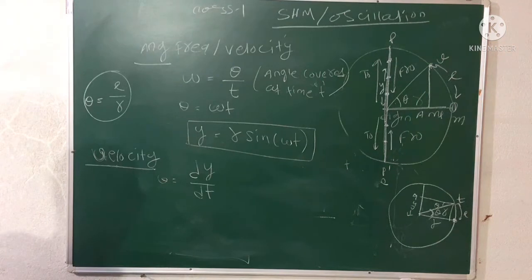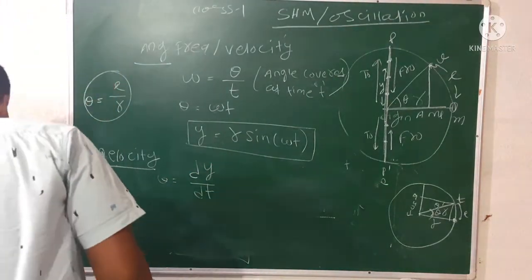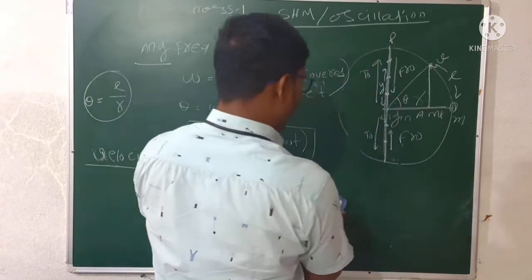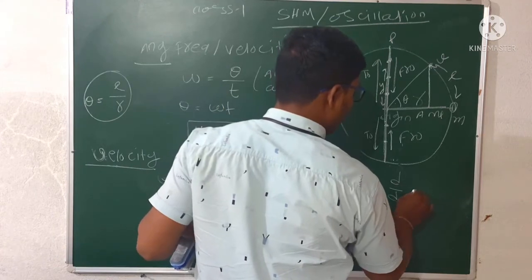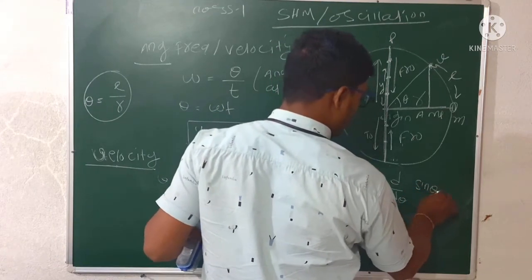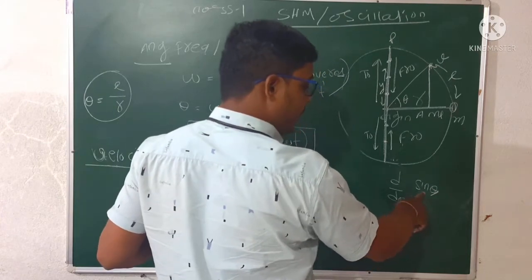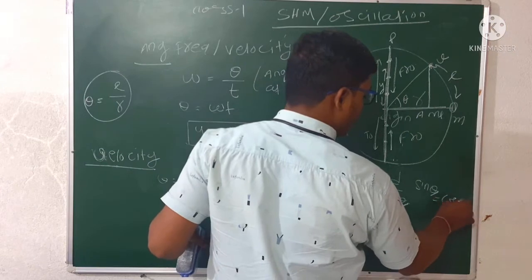Okay, so if we do the derivative, remember the derivative of sin theta equals cos theta. So I am doing the rough work here. You try to remember this. So what is the derivative of sin theta? Remember, this is theta and there also theta. We have taken the derivative with respect to theta, right? So the derivative will be cos theta.